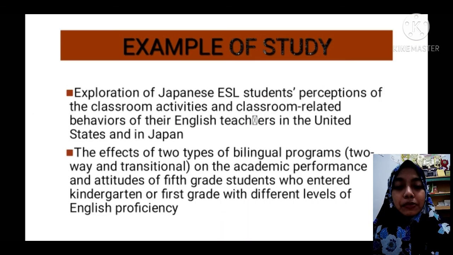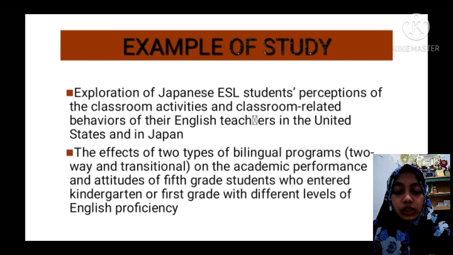Last is the example of study. Actually, there are lots of examples of theses that use mixed method. Here, there are two examples. The first is exploration of Japanese ESL students' perceptions on the classroom activities and classroom-related behaviors of their English teachers in the United States in Japan.